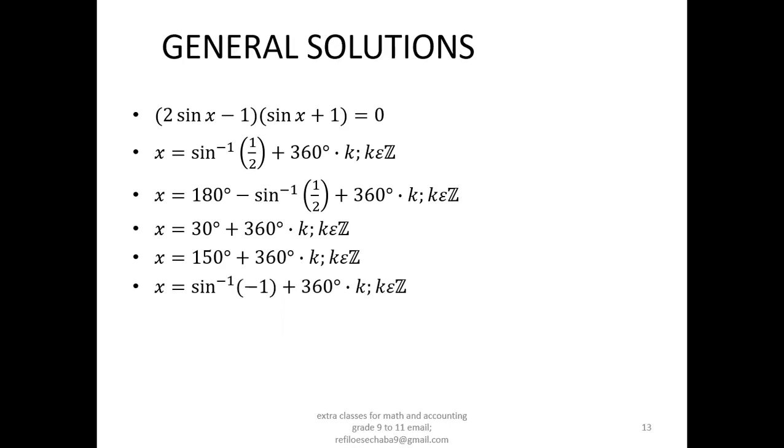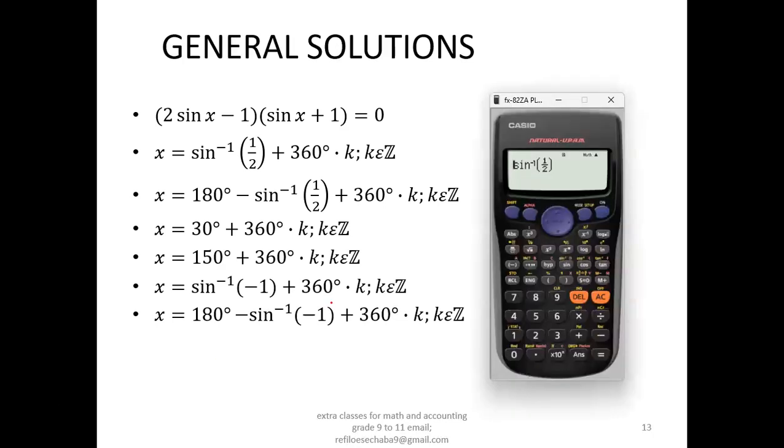The other part is where you take 180 degrees minus arc sine of negative 1. Let's calculate it quickly and see how much that will give us. Arc sine of negative 1 gives us negative 90 degrees.